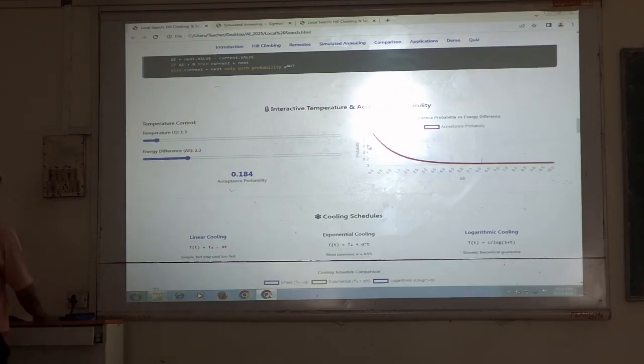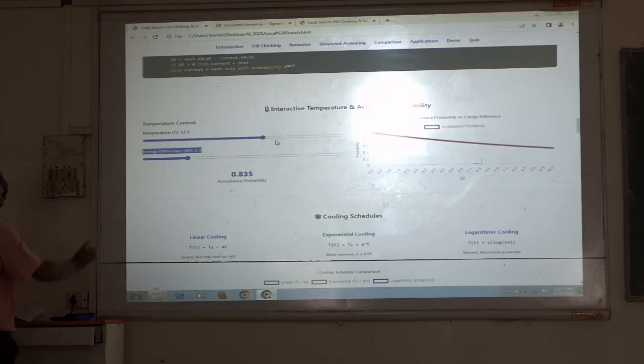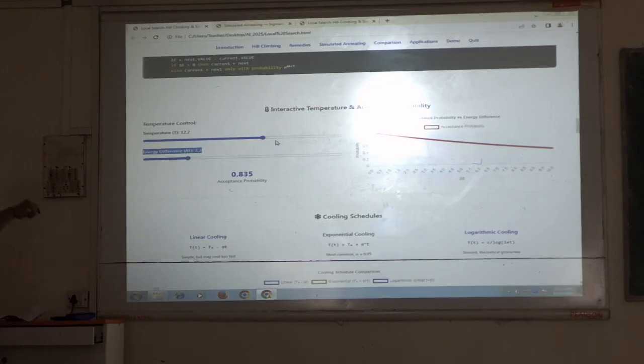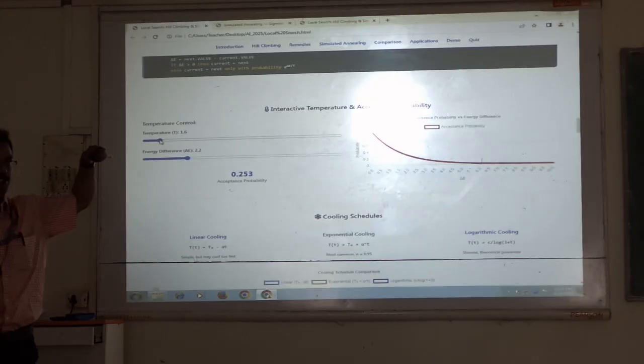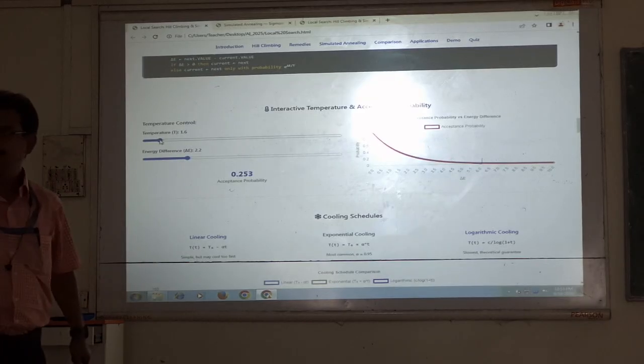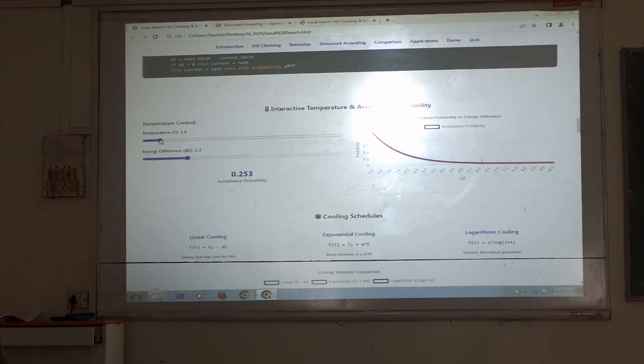If you increase the temperature, see the probability is also increasing. But whenever you lower down the temperature, probability is decreasing. So initially it is high, but gradually it is decreasing.